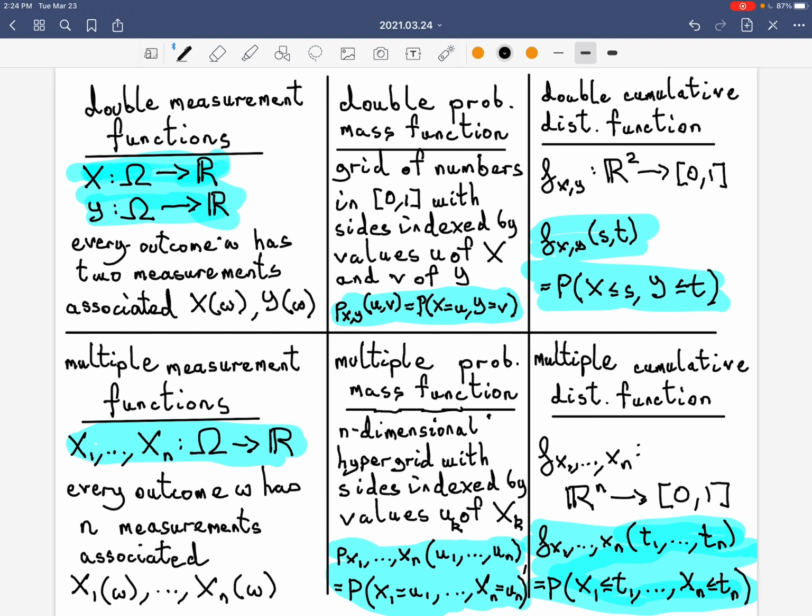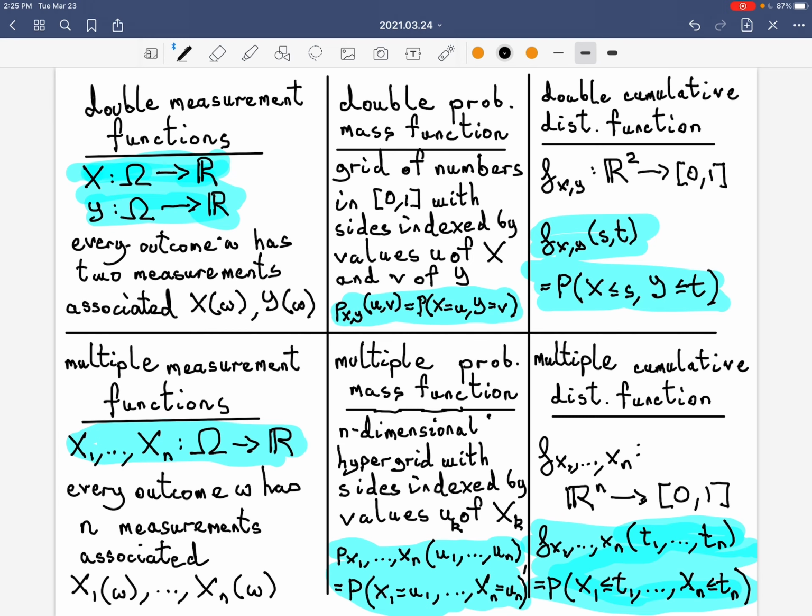And then in each cell, we're going to say, all right, because I've labeled my sides by values of x and values of y, I can think of my cell as giving me a pair of values. So each cell is indexed by a pair of values.